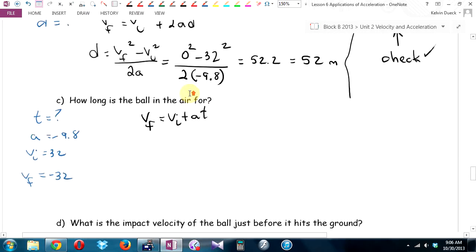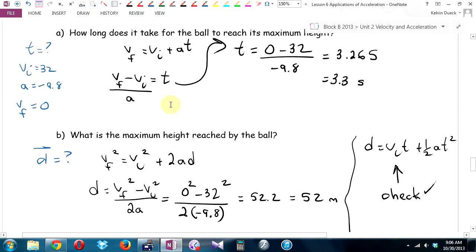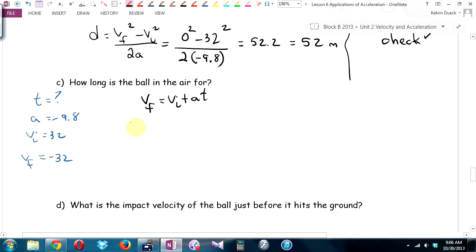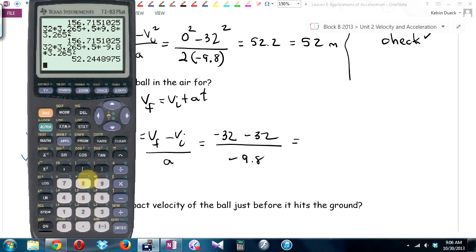Now, I know you have that same equation sitting up there, but in some ways it's almost easier to rewrite it in your head than even bother looking up. Almost, I hope. We'll get there. So time is going to be, the V final would drop down, I would subtract the V initial over, I'd divide by the A. Negative 32, take away 32, divided by negative 9.8.